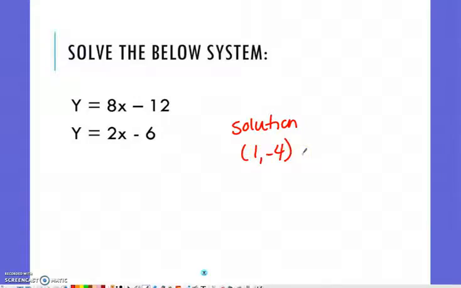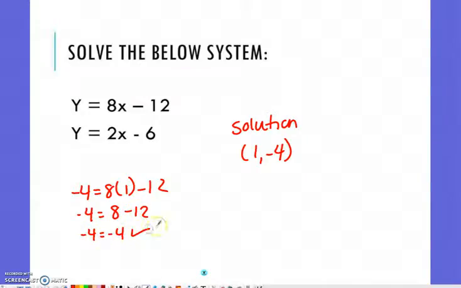Let me tell you what that means, though, so you understand what we're doing. That means that if I type in 1, I'm going to get negative 4 for both equations. So just to show you, you don't have to write this down. y is negative 4. So negative 4 equals 8 times 1 minus 12, because x is 1, right? Well, let's see if that's true. 8 times 1 is 8 minus 12. And 8 minus 12 is negative 4.